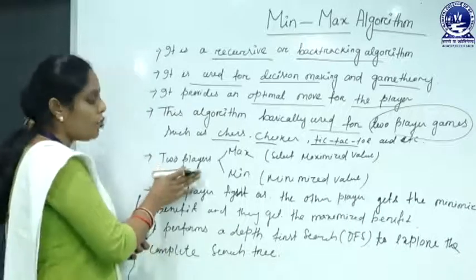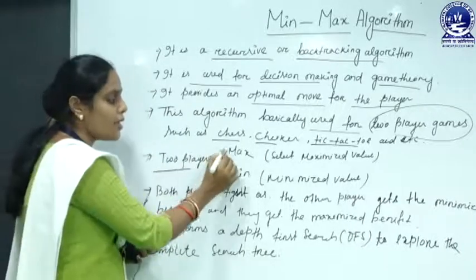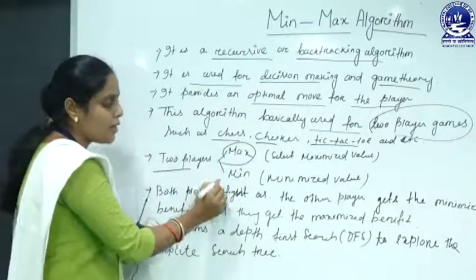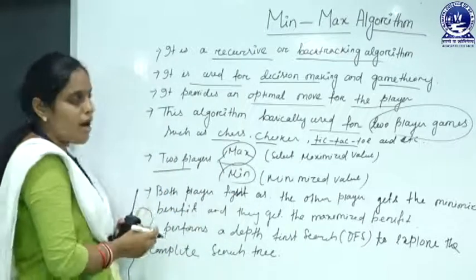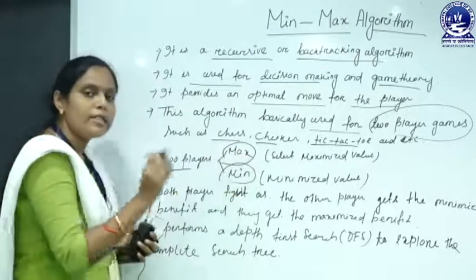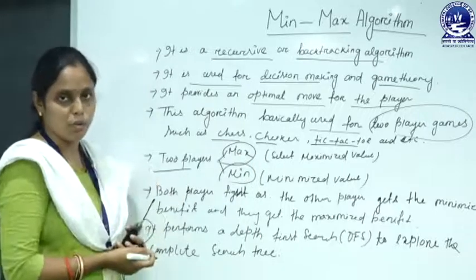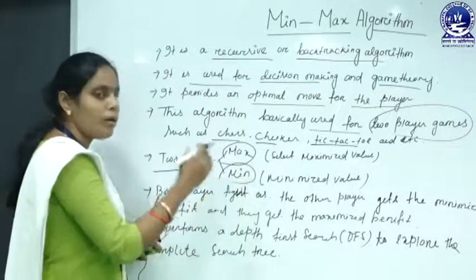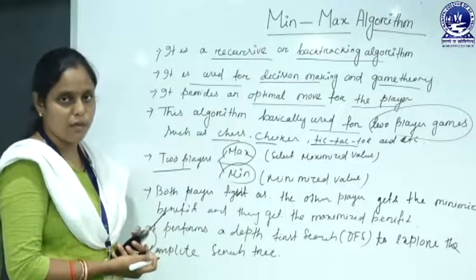Then next, two-player means one player is the max player, another player is the min player, and the max player always selects the maximized value and the min player always selects the minimized value.